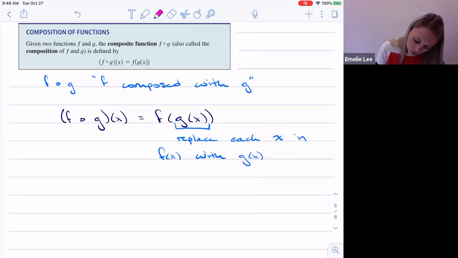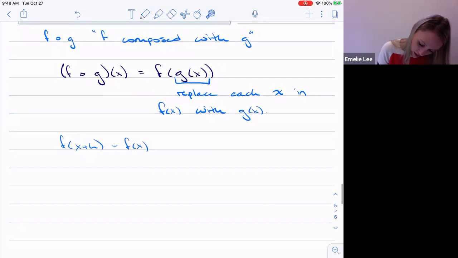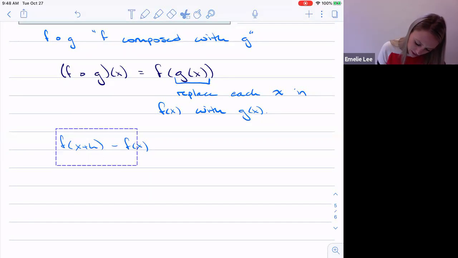The difference quotient, I'll erase this in a little bit here, but that was f of x plus h minus f of x. Well, x plus h could have been g of x, right? And so then g of x going into f of x would be f of x plus h. But like I said.